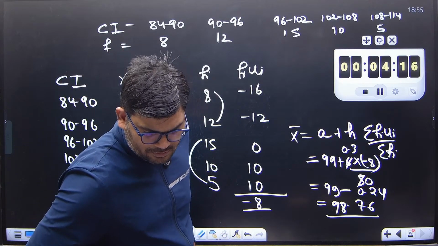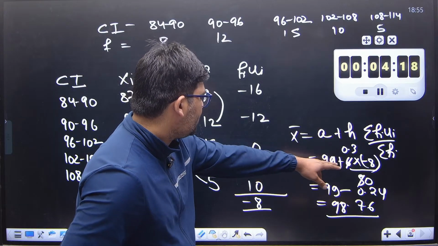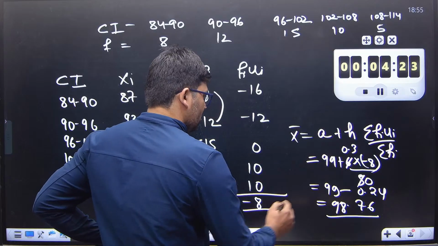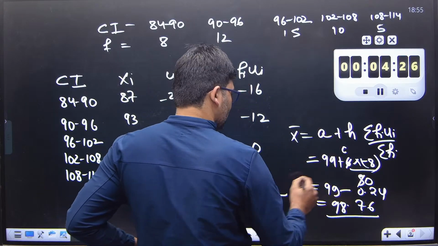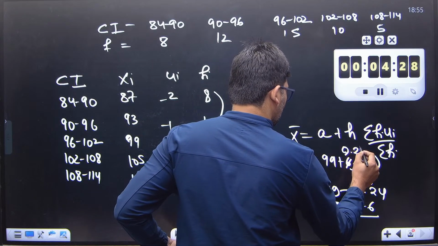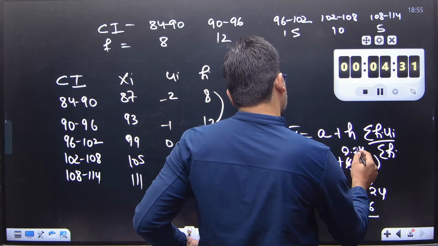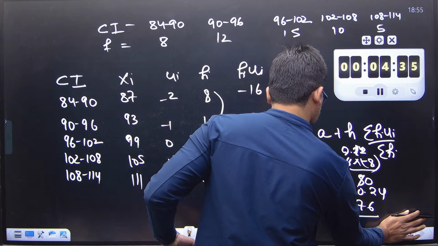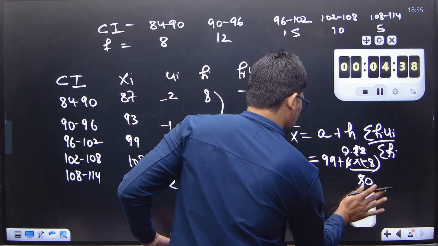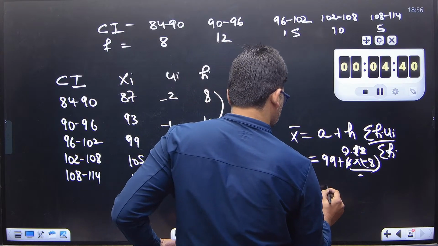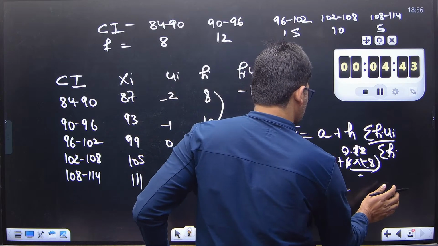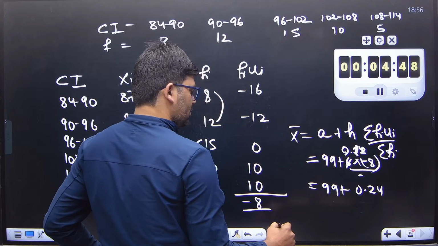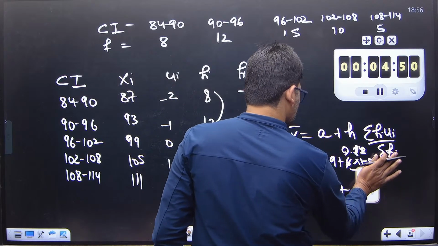I think some calculation mistake has been done. 5 into 0.24. So 99 plus 0.24, right? 98.04.